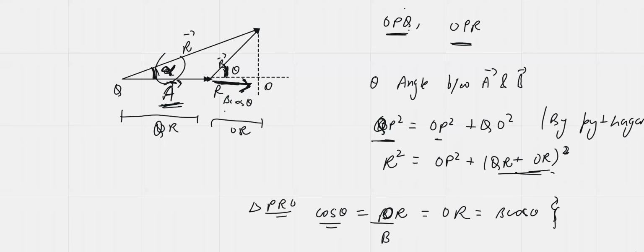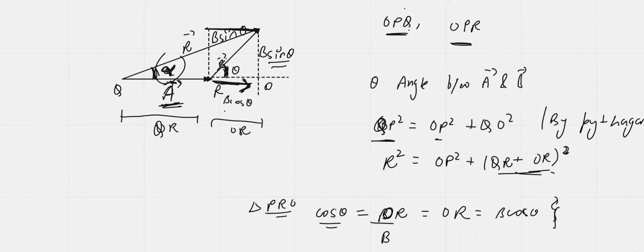And this is the perpendicular. I can say this is also B sine theta, because it is one resolution. If you see carefully, the length is the same, and if the length is the same, I can say this is also B sine theta.